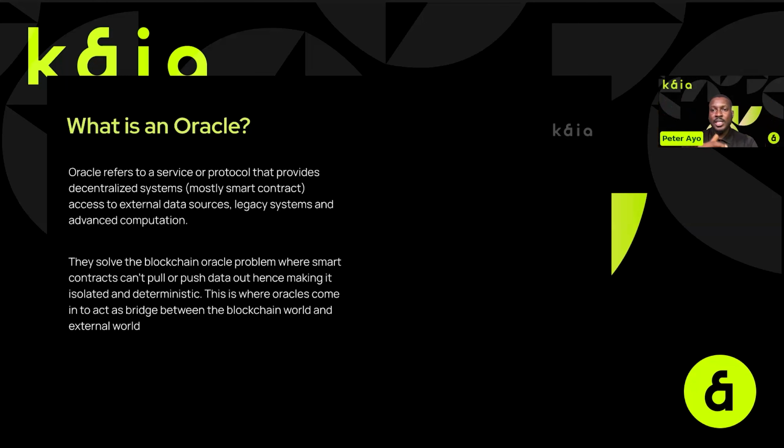In itself, blockchains are isolated, meaning that all of the data and all of the actions happening are embedded within a particular network. And as such, it doesn't have access to the external world. Now, this isolated feature of the blockchain is what makes it secure because all of the nodes, all of the validators in a blockchain have access to the same data.